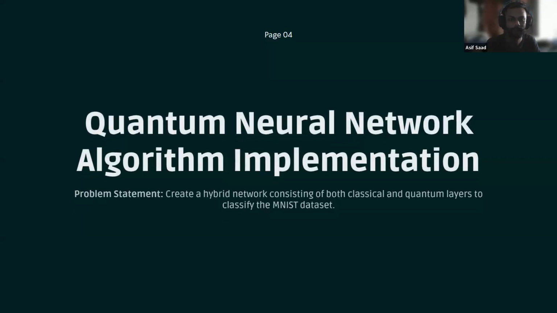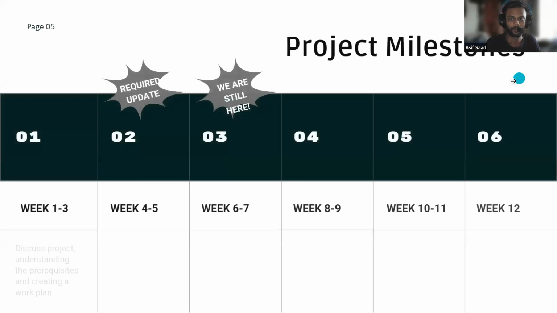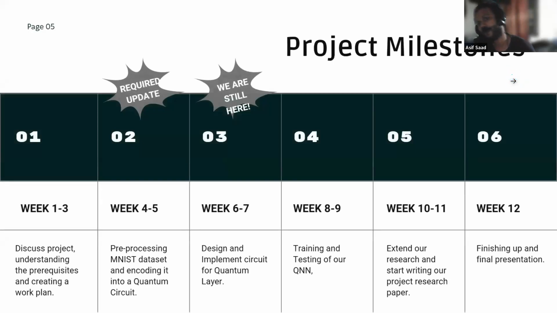So let's see how far we have come in our project. We need to decide on the quantum neural architecture we're going to implement. Then we have to encode the MNIST dataset into our preferred quantum space. Then there will be quantum layers interfaced, equivalent to the classical neurons, and then we will have the measurement.